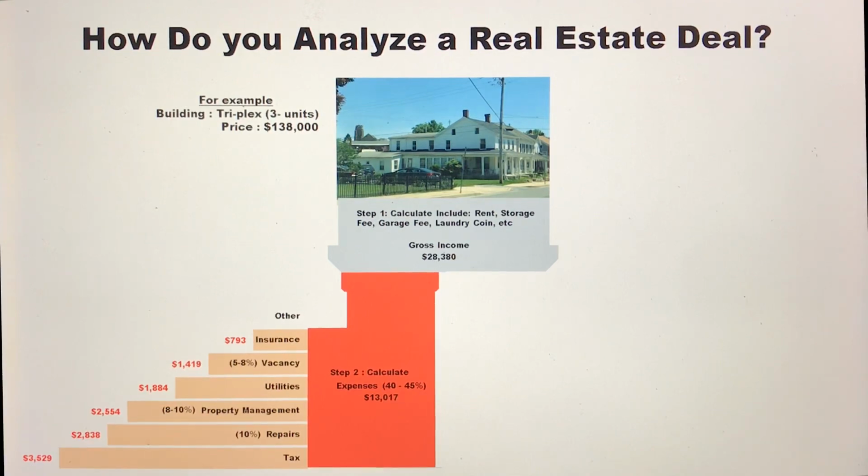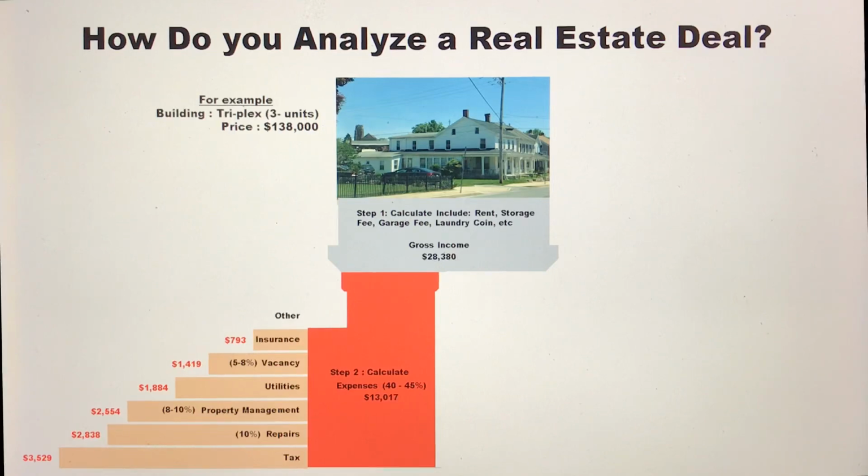Vacancy, we always assume 5%, but depending on the area you can assume between 5 to 8% as a vacancy expense. This is not actual cash out, but it is lost money due to vacancy of the property. We always assume a minimum of 5% for our properties.